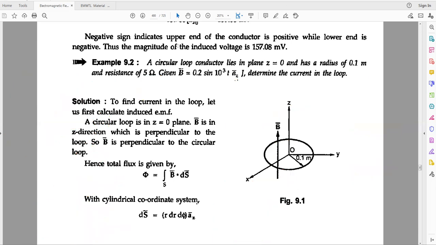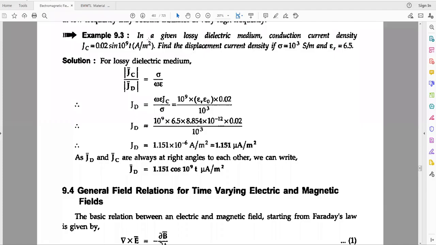The next example. In a given lossy dielectric medium, the conduction current density JC is given, in ampere per meter square, as 0.02 sine 10 power 9 into t.